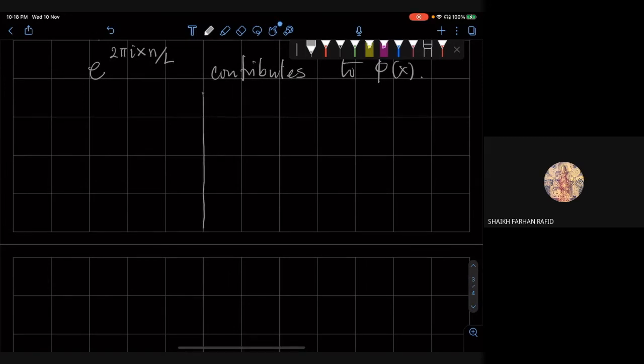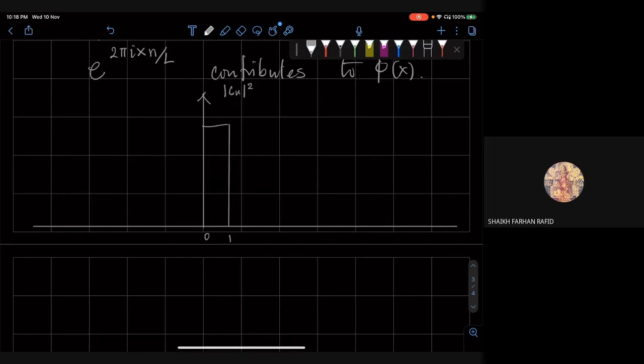So, for example, for some function, when you work out what the Cn's are, you can find something like this, right? For n equals 1, 2, 3, 4, 5.